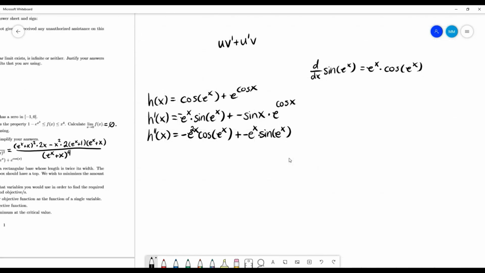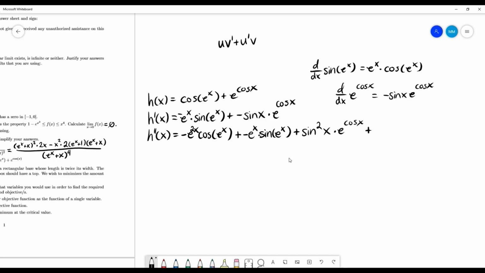Now we have to do that same product rule with this term over here. So of course it's going to be that first thing times the derivative of the second. I know that the derivative of e to the cosine of x is going to be negative sine of x e to the cosine of x. So I'm going to take this, multiply it by this, which turns that positive, lucky us. That's going to be sine squared times e to the cosine of x.